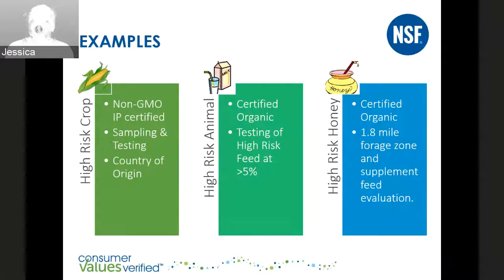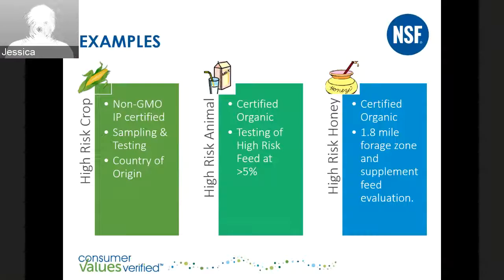That's exempt, not commercially available in GM, so that's fine. But maybe the cow is getting some soybean meal at, let's say, 10% of its ration. Then we would have to assess that soybean meal for compliance to Annex B. And again, it might be sampling and testing, country of origin, etc.